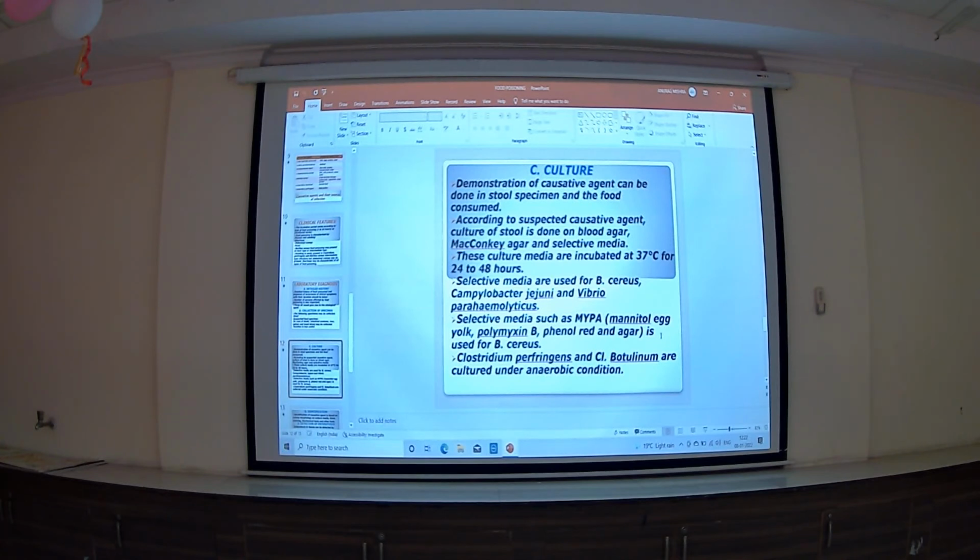It is done on blood agar, McConkey agar, and certain selective medias like mannitol egg yolk, polymyxin B, phenol red and agar may be used for Bacillus cereus.